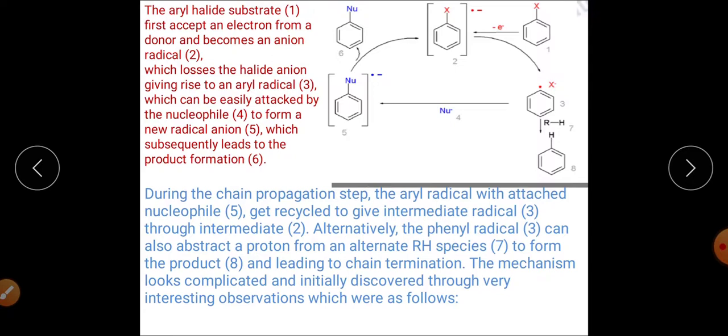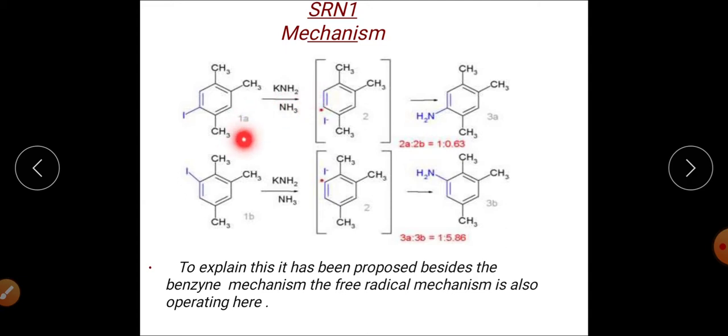Now how this mechanism was observed accidentally, I want to show you a reaction. This is the reaction on your screen and you can see that this is the 5-iodo 1,2,4 trimethylbenzene, right? When it is subjected to react with KNH2 in presence of liquid ammonia, it will give rise to this product, as well as this product was also synthesized, right?